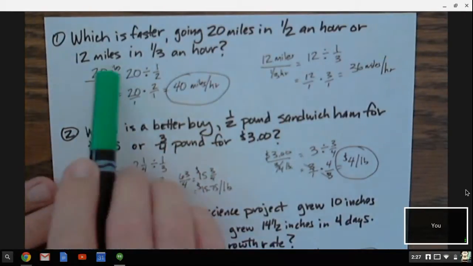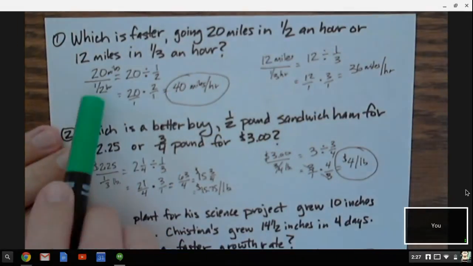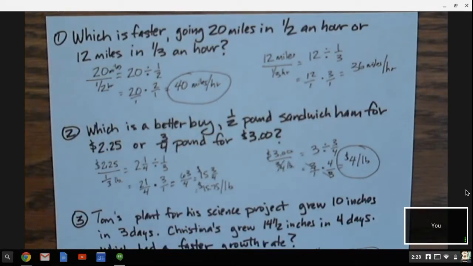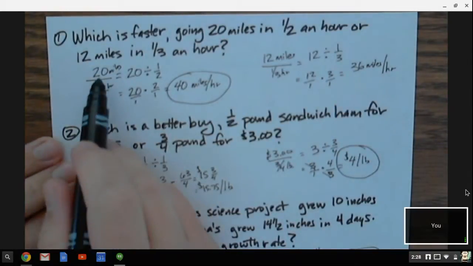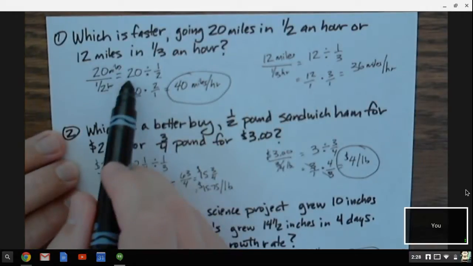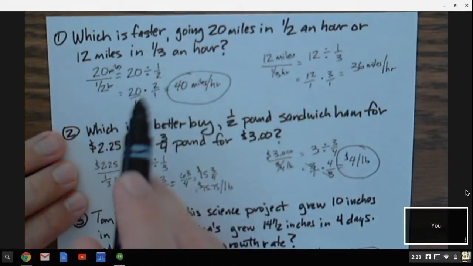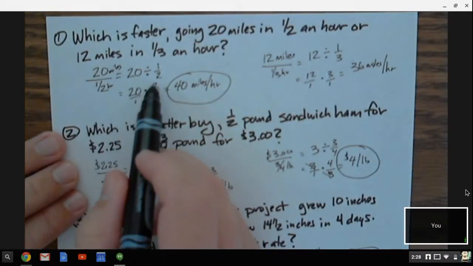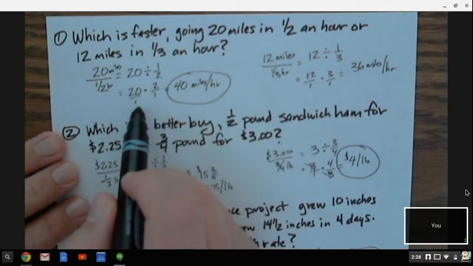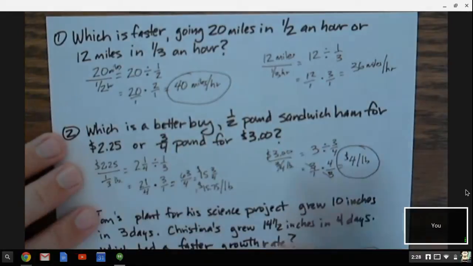Okay, our first problem: which is faster, going 20 miles in half an hour or 12 miles in 1/3 of an hour? Now, the student who's taken this has computed the rates for each one of those. 20 miles divided by 1/2, recognized that he had to change this so he can do his fraction operations. 20 divided by 1/2, change that to 20 times 2/1 using the same change flip idea, and gets 40 miles per hour.